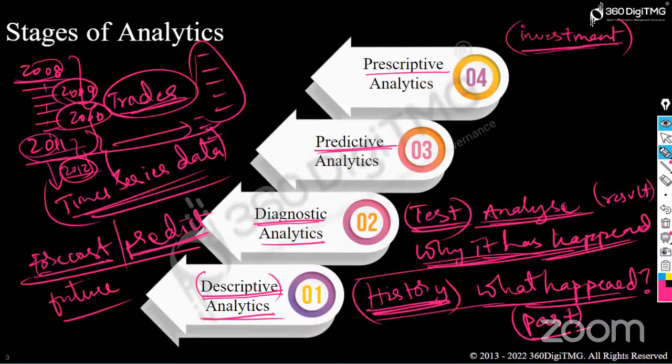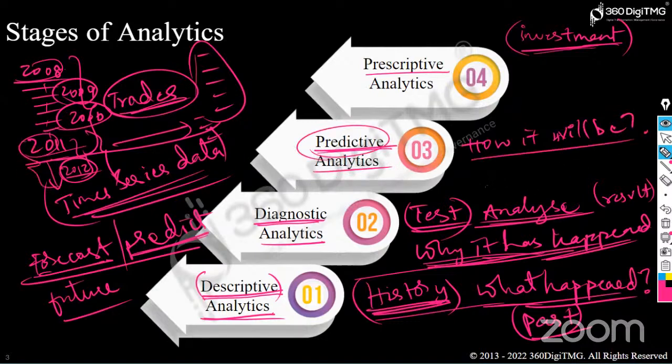So what happened in the past, why it has happened, how it will be, we need to analyze. When you are doing a prediction, you'll be getting a result, a prediction.